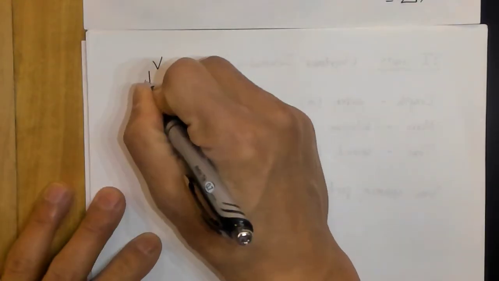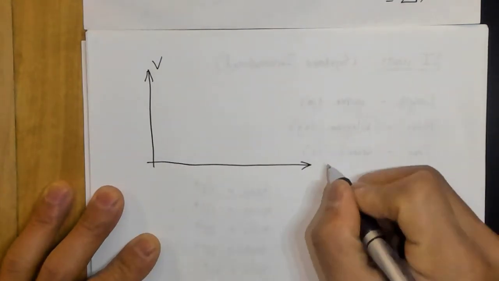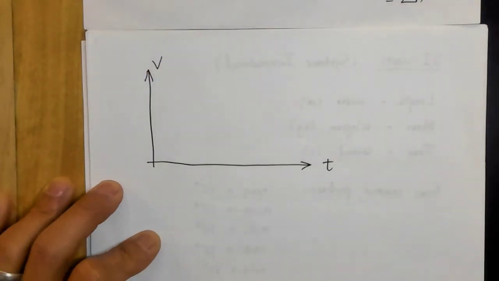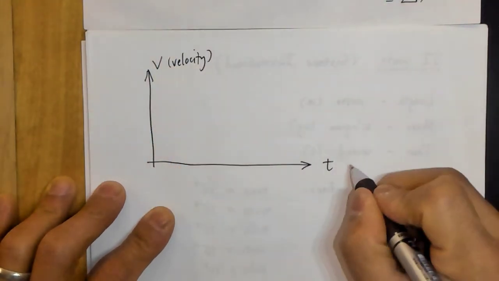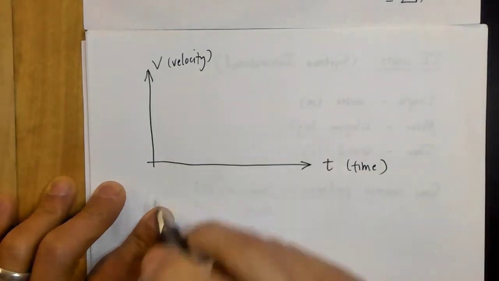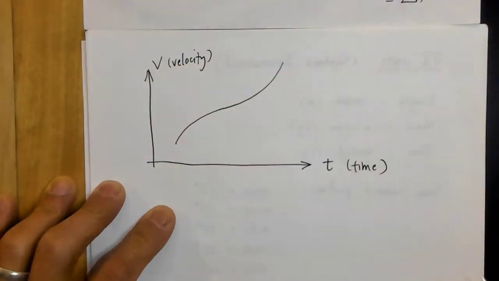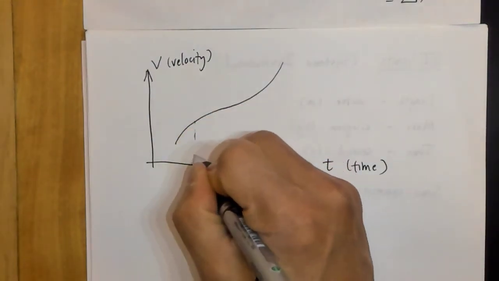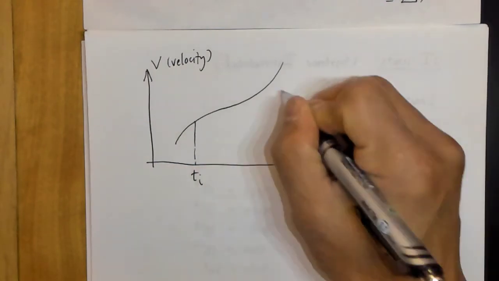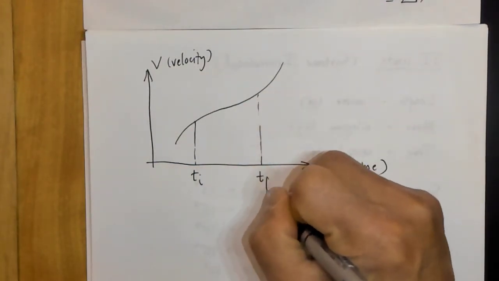So what we find is the time integral. Let me just make a plot. Suppose I have the velocity versus time. So v is the instantaneous velocity versus the time. Let's say I have a curve of the velocity versus time, and I have some initial time, ti, and some final time, tf.